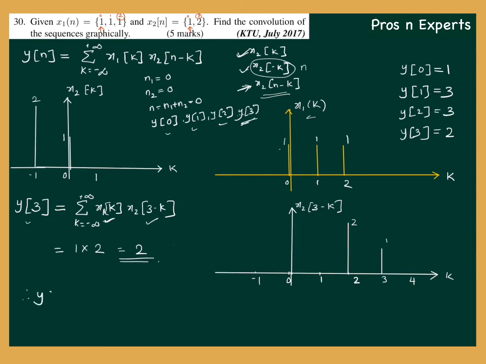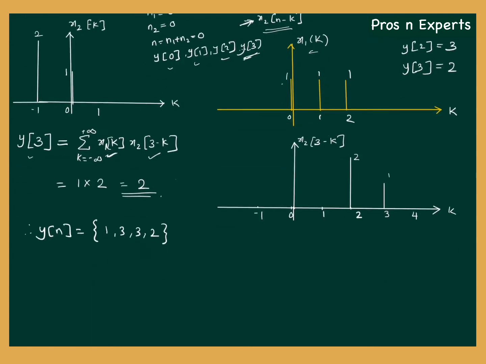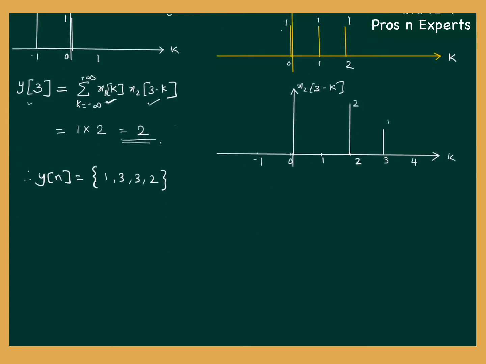So let us consolidate the result. Therefore, y of n is equal to the sequence 1, 3, 3, 2. Or else, if you want to plot it or sketch it, the question didn't say to plot it, but if you want, you can plot it very simply. y of 0 is 1, then y of 1 is 3, y of 2 is 3, and the last sample y of 3 is 2.